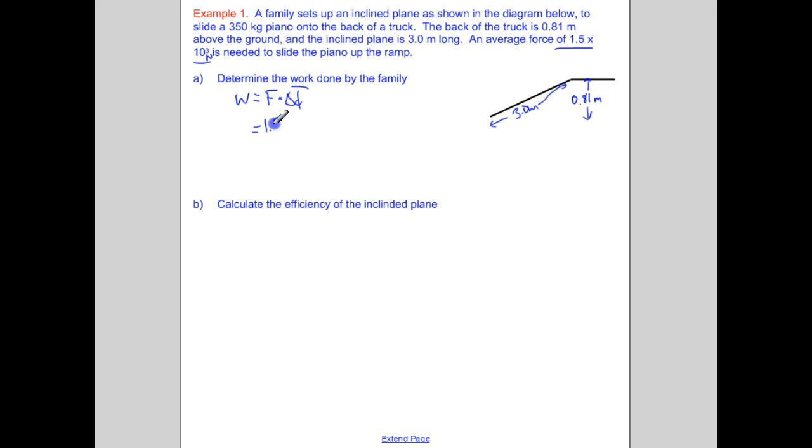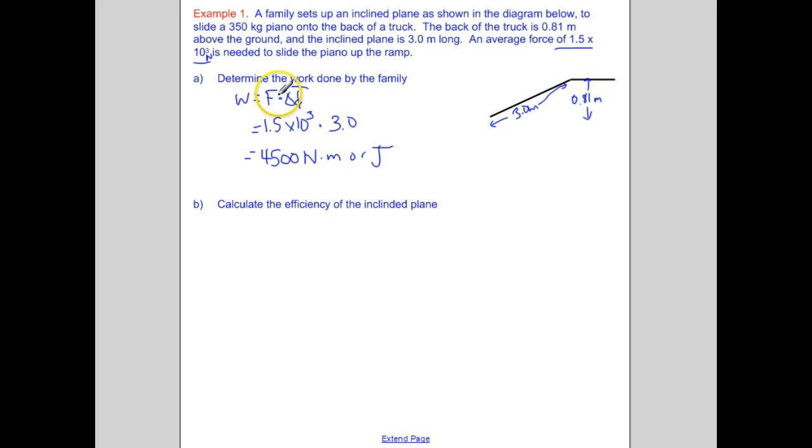So 1.5 times 10 to the 3, and times our distance of 3 meters. Yep, 3 meters. And we end up with a total amount of work of 4,500 newton meters. And remember, a newton meter is the same as joules.